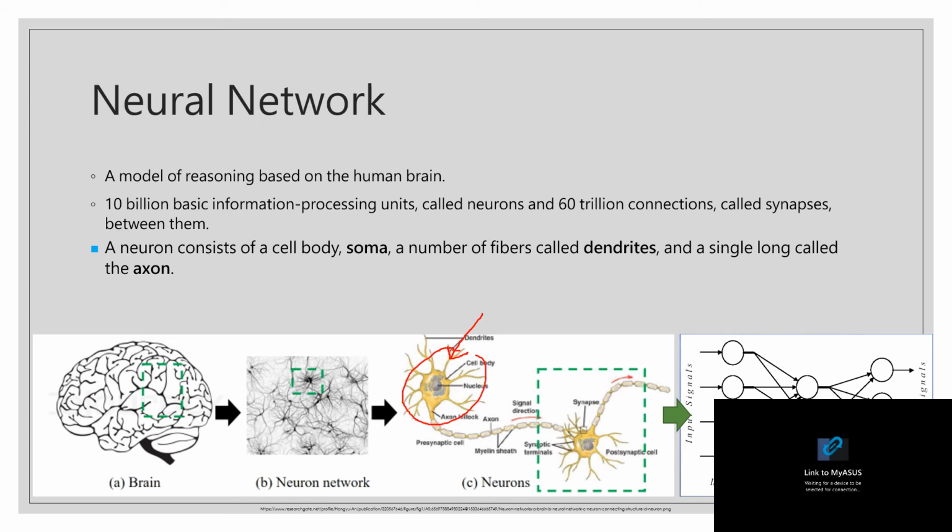Then if we teach them to drink water by using the bottle, we put the water inside another neuron. If we repeat this behavior, drinking water by the bottle, we increase the chemical connection between these two neurons.